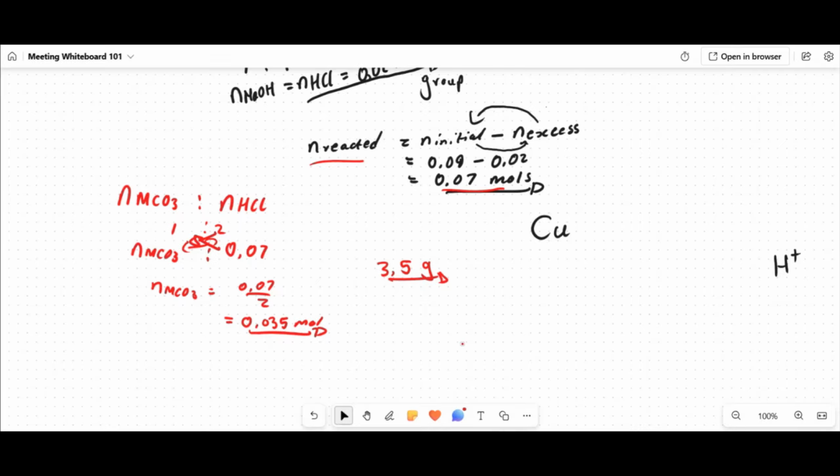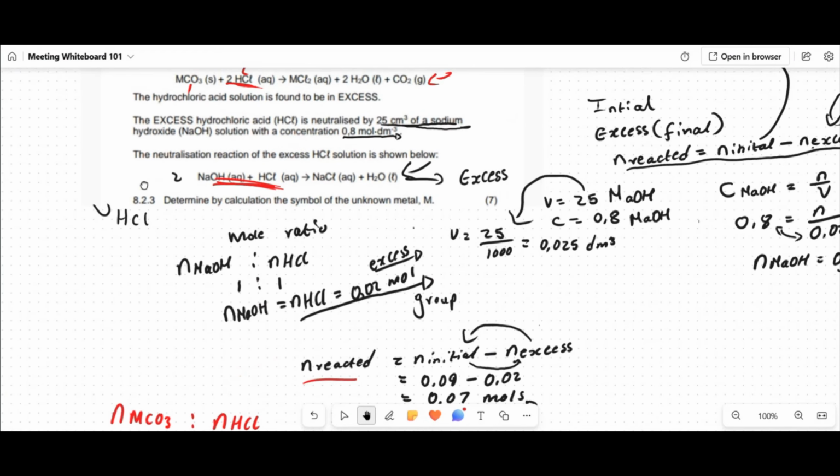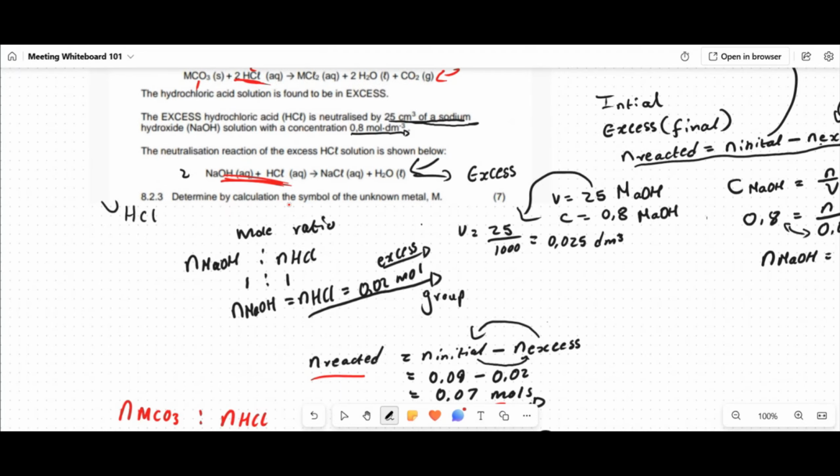What was the question? In our question, we need to determine by calculation the symbol of the unknown metal, which is M. And then we have MCO3, right? So we need metal M. We'll find it through the molar mass, obviously.